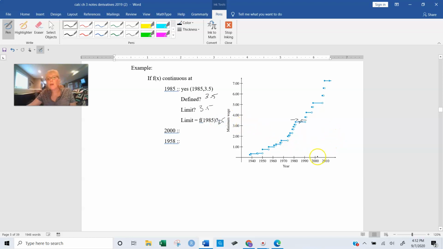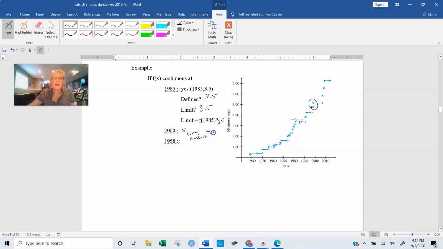Okay, now let's look at 2000. At 2000, we have issues because at 2000 I have a value of 5. But the limit as we approach 2000 from the left is going to approach lower than 5, whatever that is, 4.9.